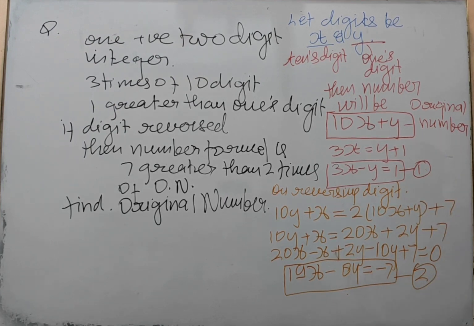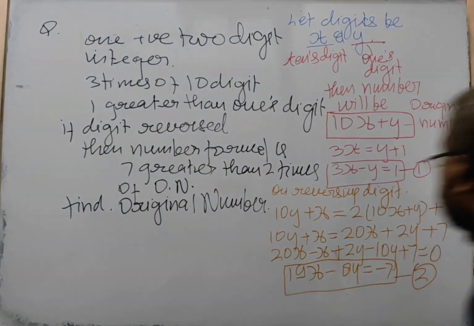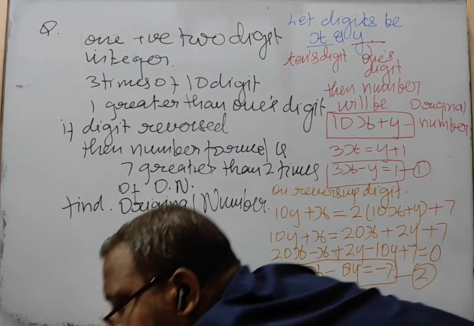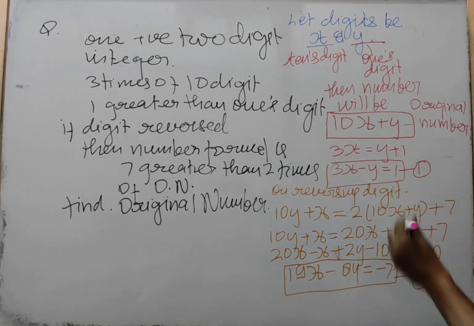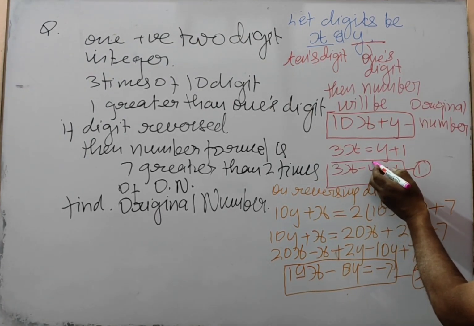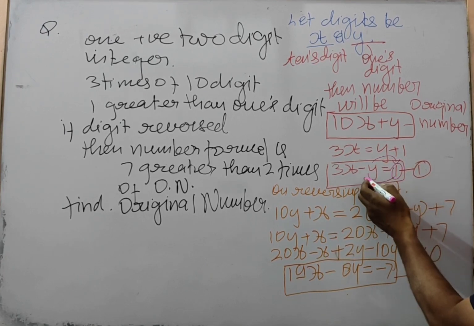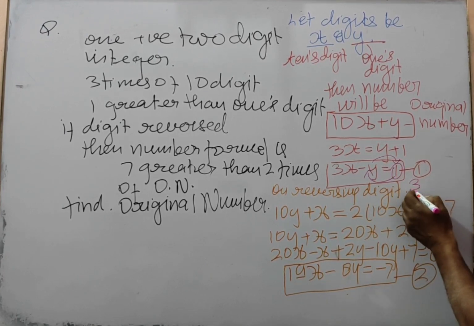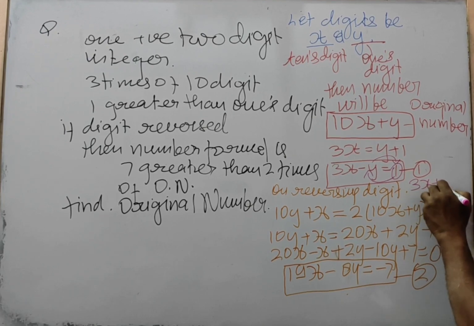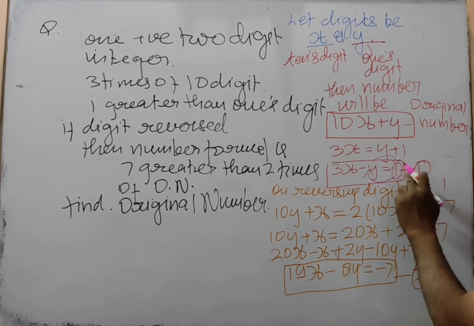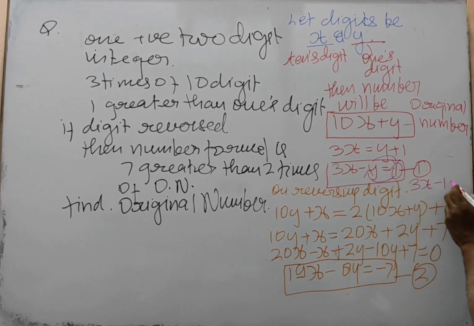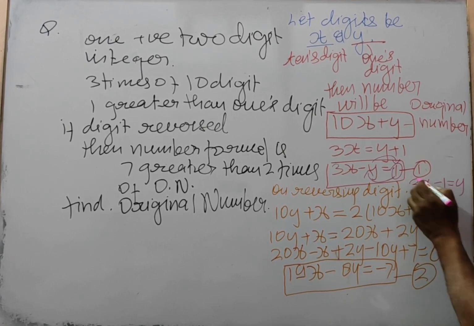Now we can write equation 1. Bring this y to the other side of the equal sign and 1 to this side, so it becomes 3x minus 1 is equal to y, right?